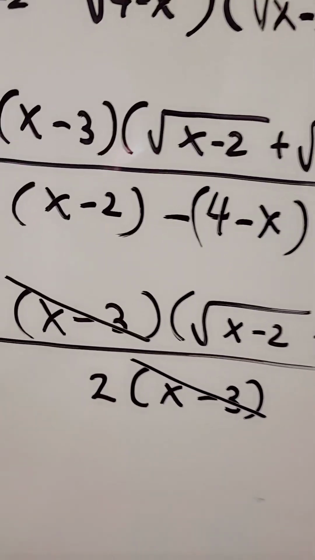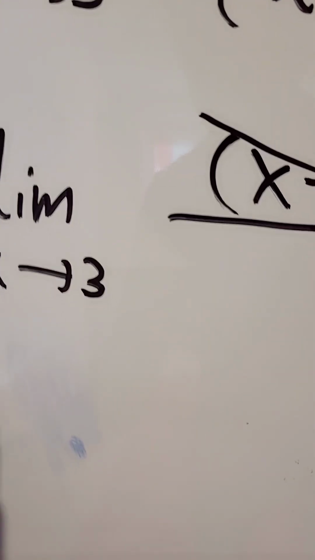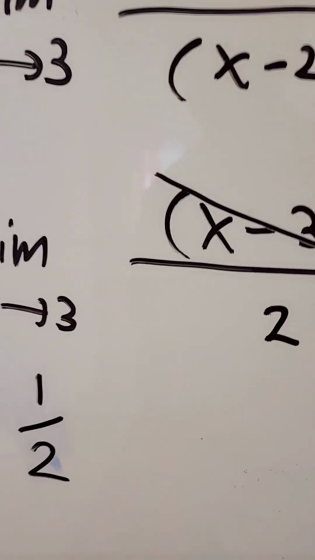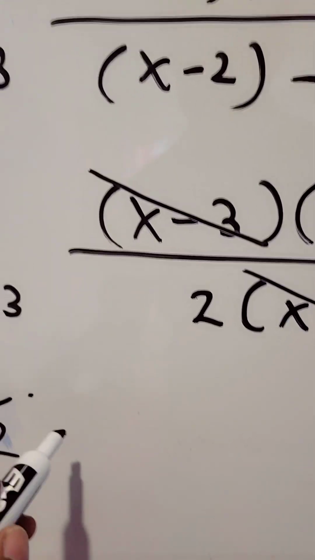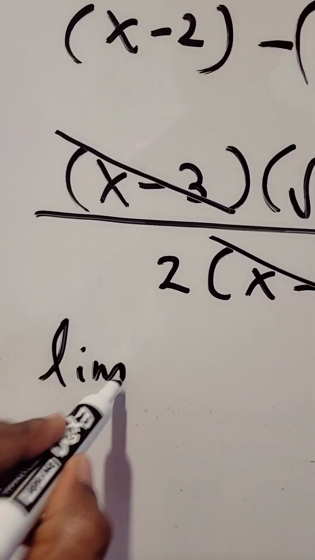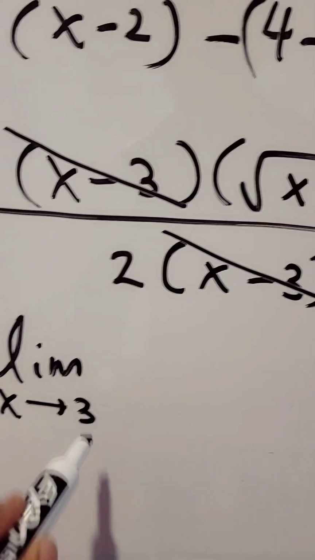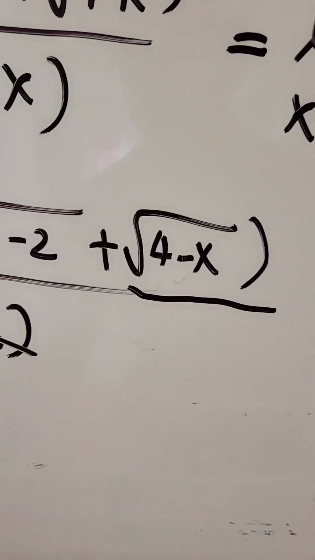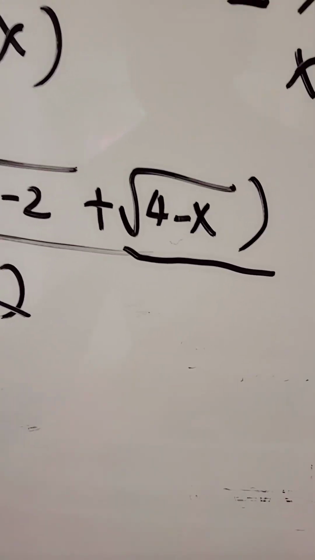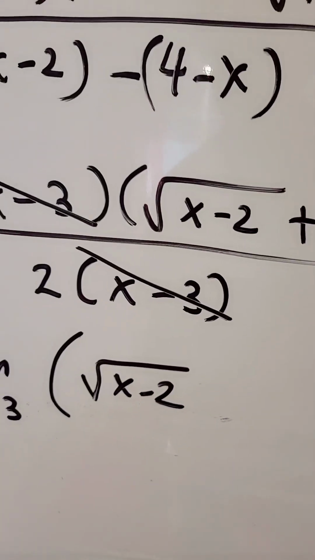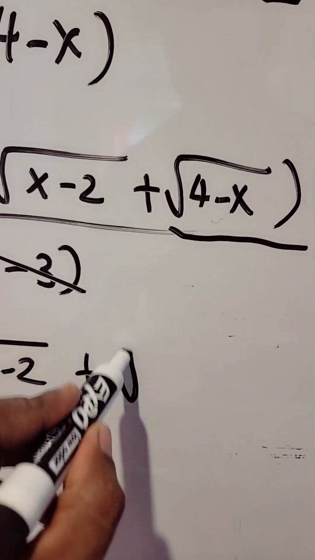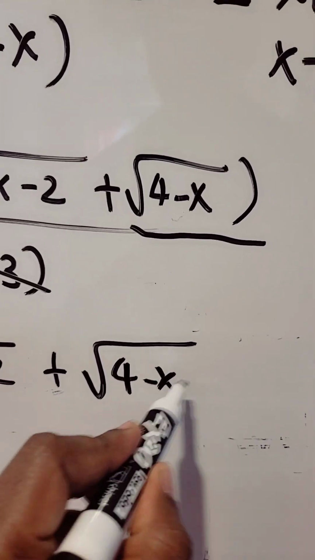That's a constant, so I'm going to take it out because it's not going to change. Then I apply the limit x goes to 3 to the expression square root of x minus 2 plus square root of 4 minus x.